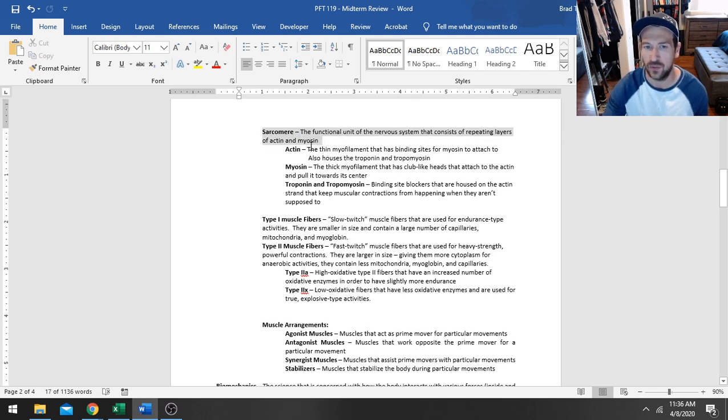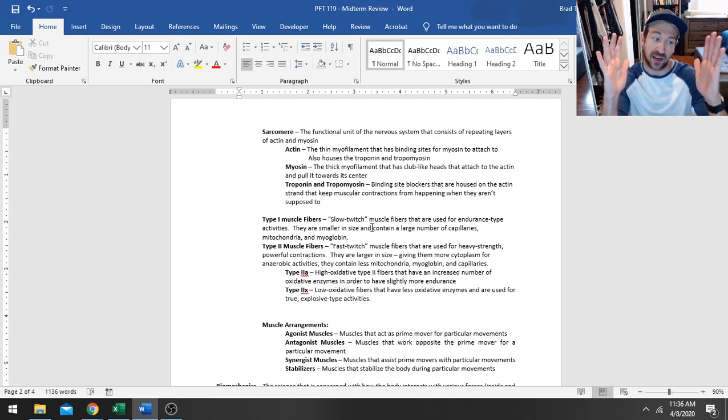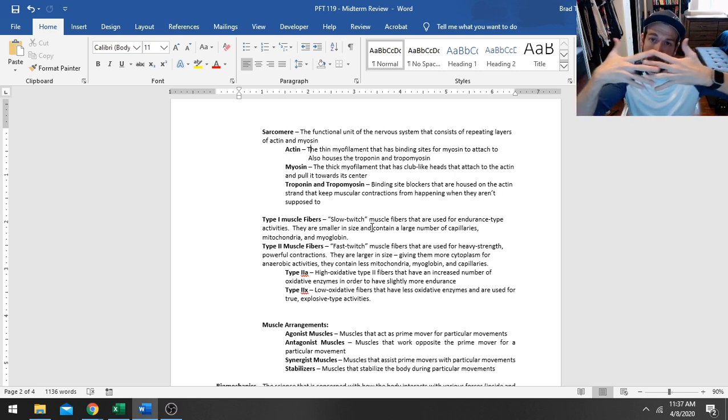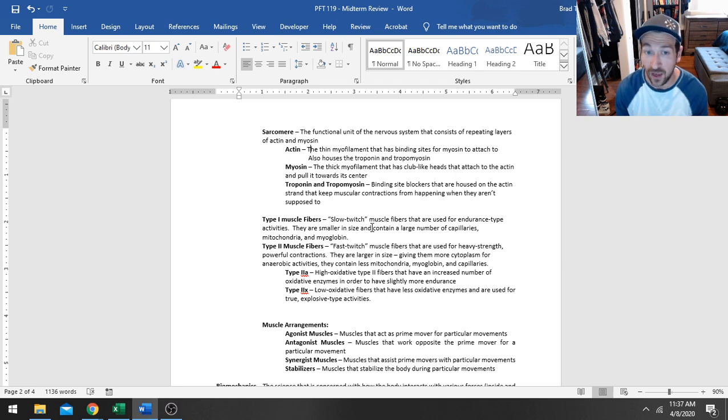The sarcomere is this really special thing that we see in muscle tissues, where you have repeating layers of specialized little proteins called actin and myosin. The sarcomere is the area of town, basically, in your muscle fibers, where actin and myosin overlap each other, and they're able to slide in this process we call the sliding filament model.